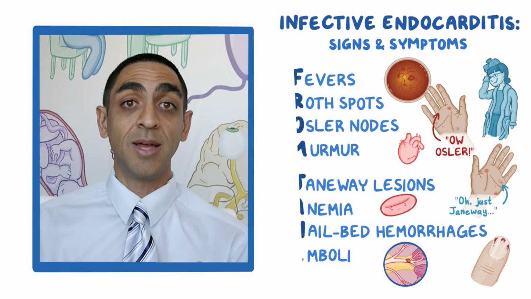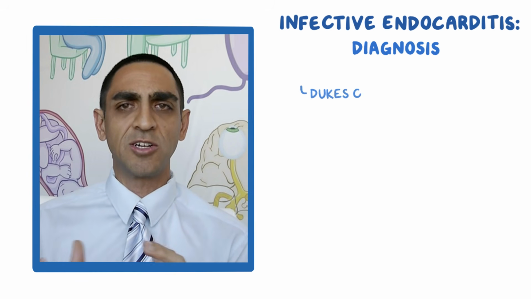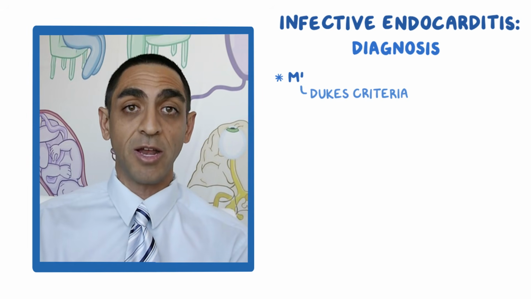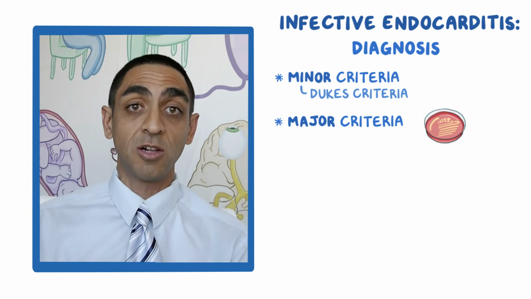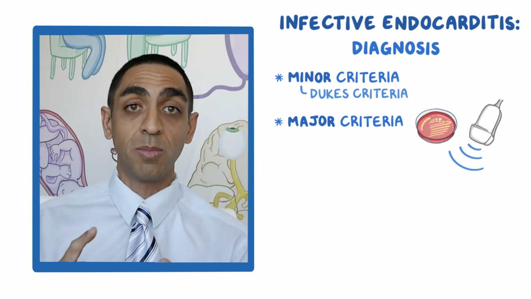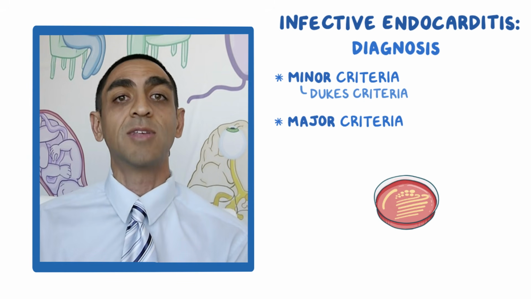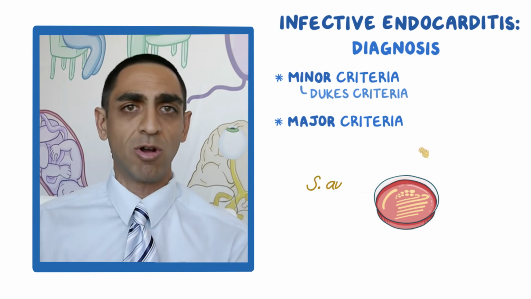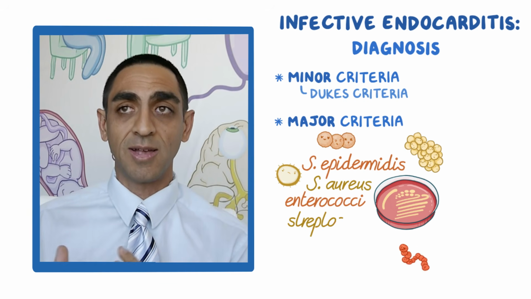Next, let's move down to diagnosis. There's Duke's criteria, and many of the things that I just went over are part of Duke's criteria, specifically minor criteria. But for the major criteria, the big things you want to think about are two: blood cultures and echo. For blood cultures, you get large volume blood cultures and see if anything grows out. Typically it's going to be something like staph aureus, staph epi, enterococci or streptococci.